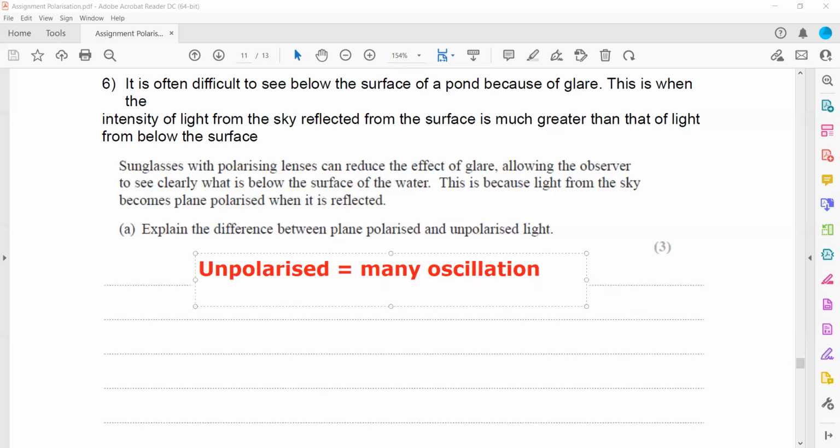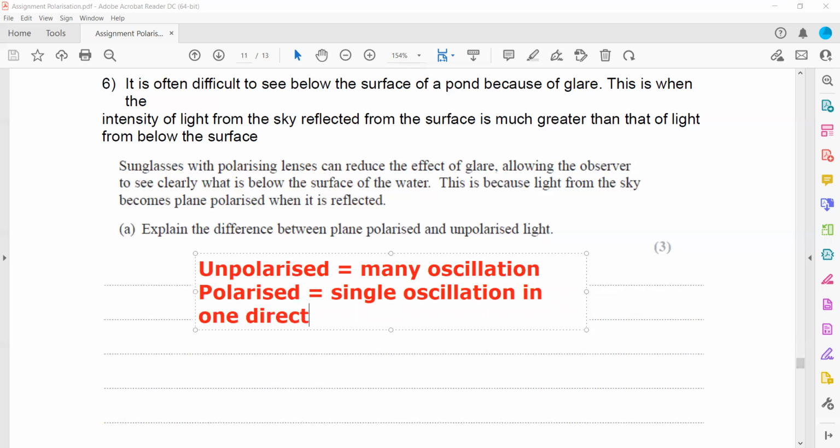And polarized means single oscillation in one direction, which is perpendicular to the direction of propagation.